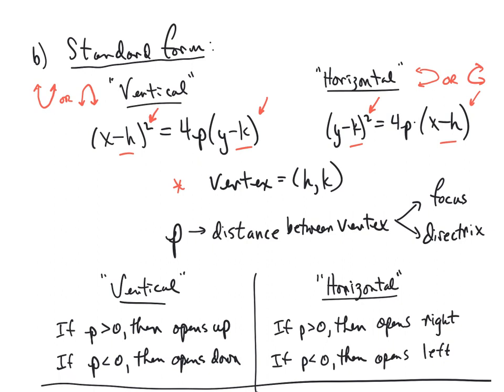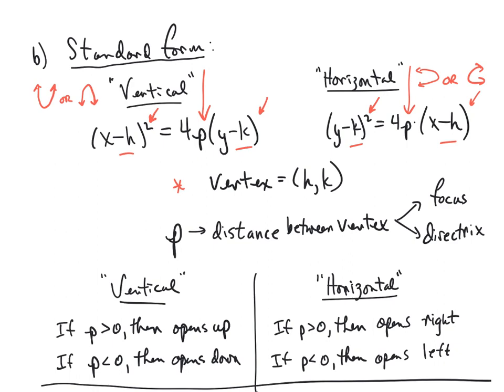There's one other variable in our equations that I need you to focus on, and that's the p value located in each of the equations. The p is the distance between the vertex and the focus, and the vertex and the directrix. So in other words, the vertex is the point halfway in between the focus and the directrix.